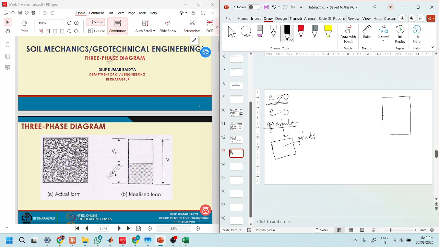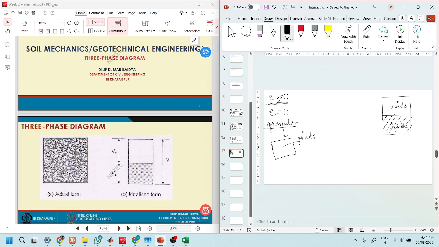You go to this phase diagram, and you will say that a representative volume of this material will have solids and it will have voids. This is the basic.